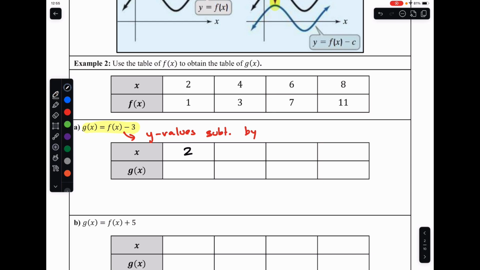So we're going to keep the numbers 2, 4, 6, and 8 up there, and subtract 3 from all of these y values. We're going to end up with -2, 0, 4, and 8. So 1 minus 3, 3 minus 3, 7 minus 3, and 11 minus 3.